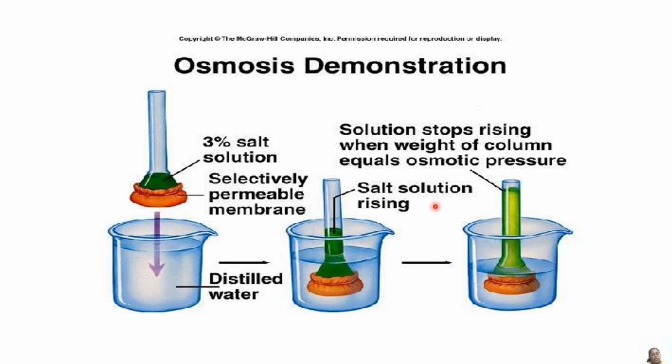If we talk about a live demonstration of osmosis, you can see over here this is a selectively permeable membrane, and this is clean distilled water, and there is a 3% salt solution over here.